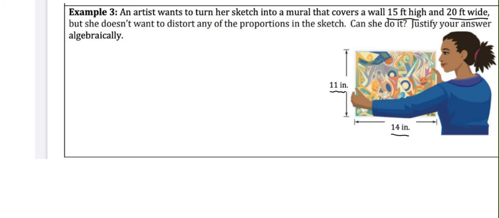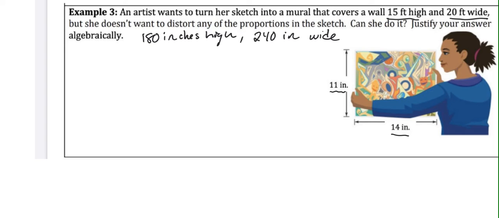Okay, so right, our height was 180 inches high. And then 20 times 12 is 240. So 240 inches wide. All right, we want to see if the proportion matches with 11 inches by 14 inches. So first we're going to compute the wall height to the sketch height, and then the wall length to the sketch length, right?